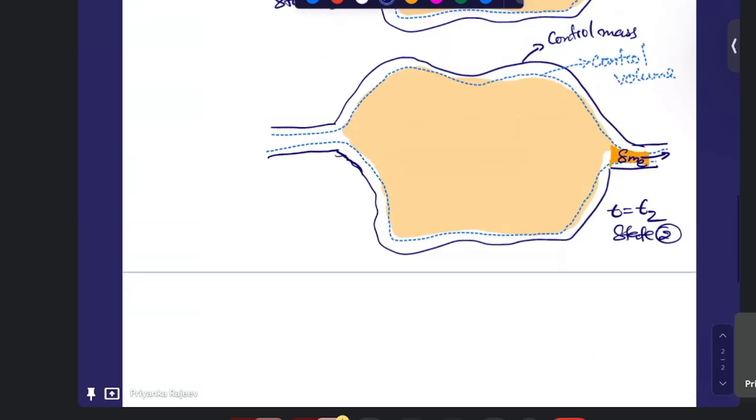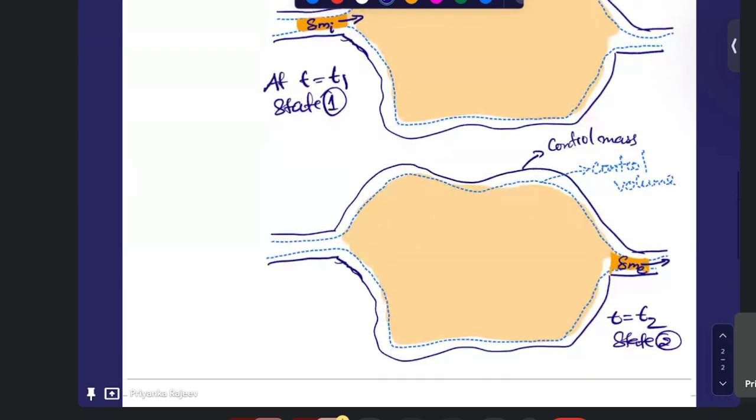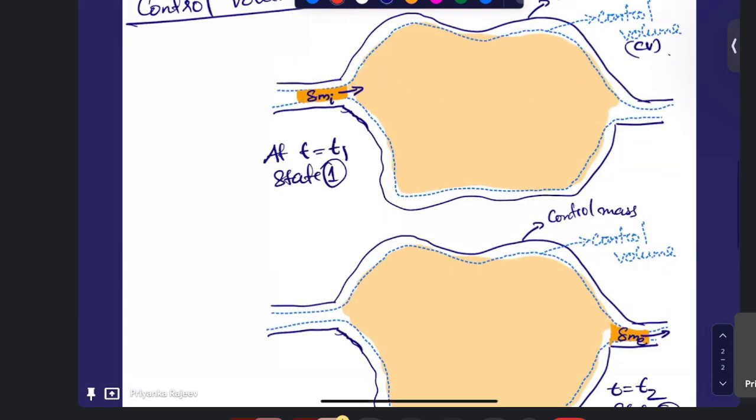Now at state 1, how can we write the mass of the control mass? The whole control mass means you have to think about the physical boundary shown over here in bold line.